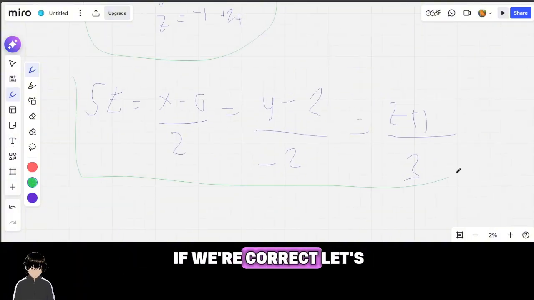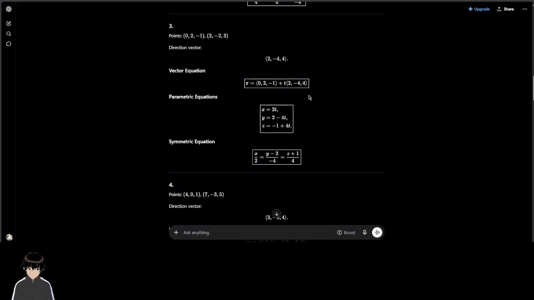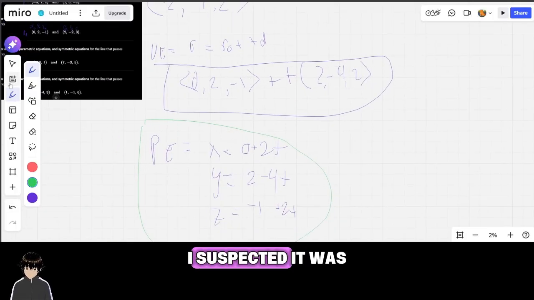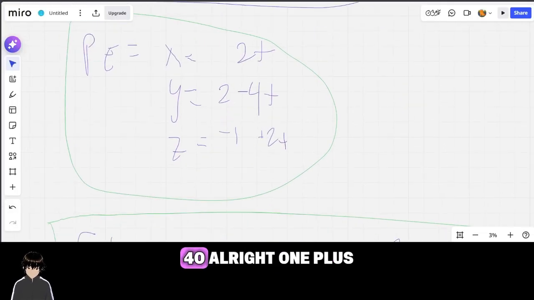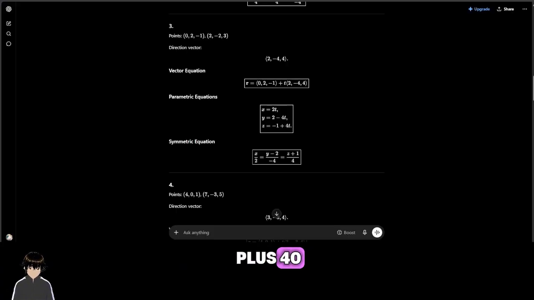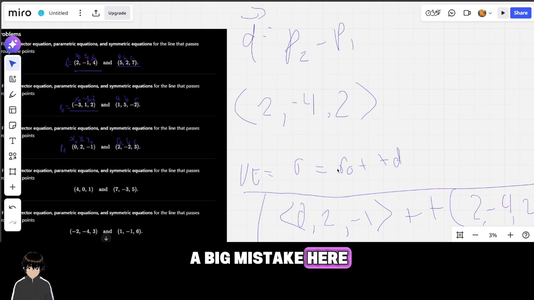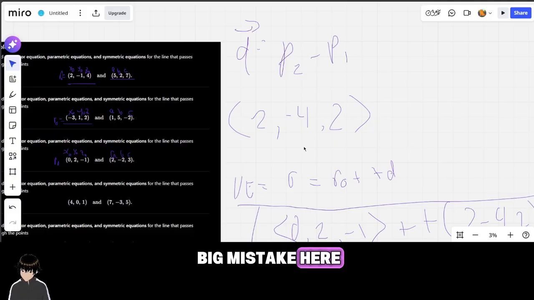Let's check if we're correct. Actually, I suspected it was going to be 2t. So 2t, 2 minus 4t, right, then 1 plus 4t. I actually made a mistake here.